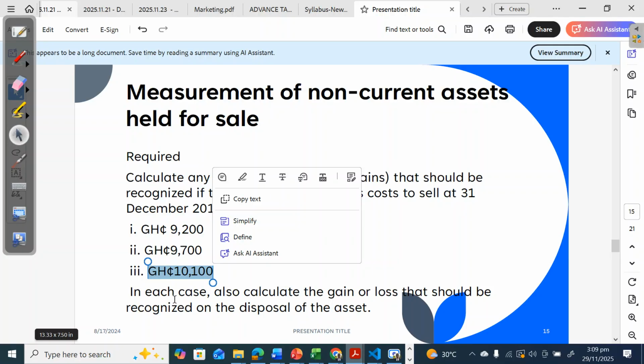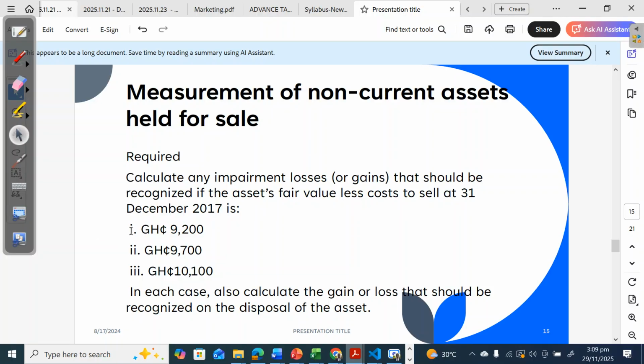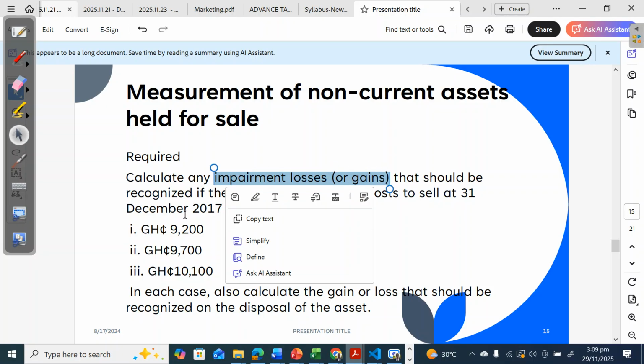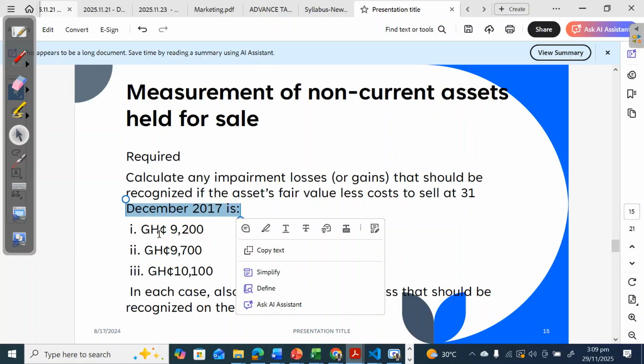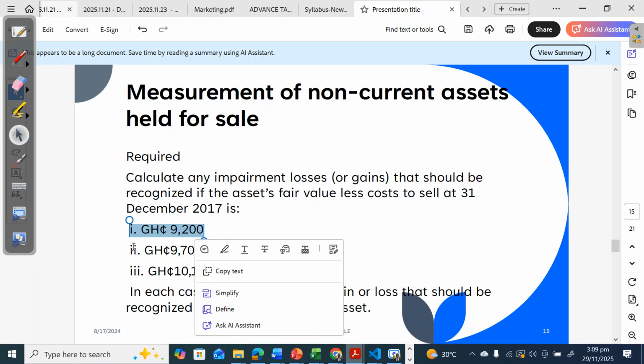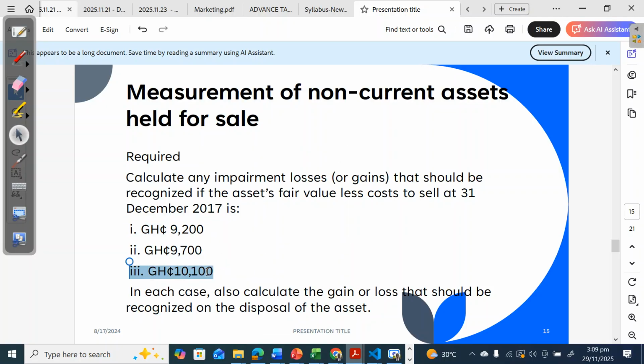In each case, also calculate the gain or loss that should be recognized on the disposal of the asset. So the requirement is that we calculate any impairment loss or gains on the asset as at 31st December 2017 for these fair values.